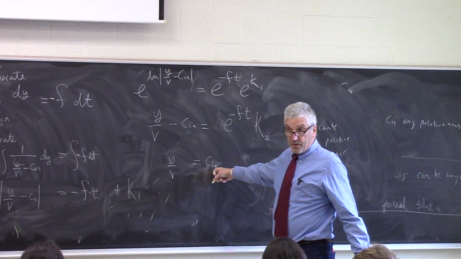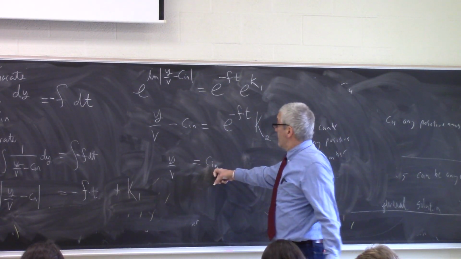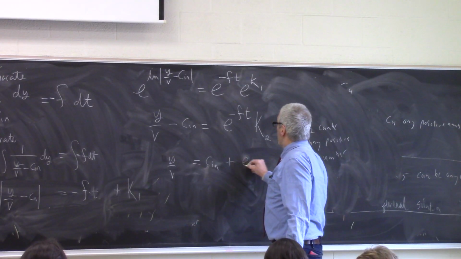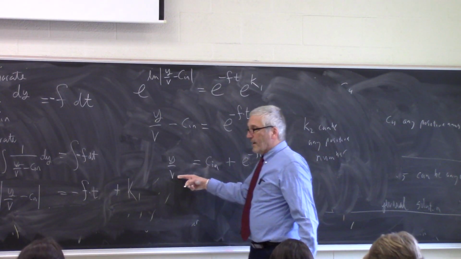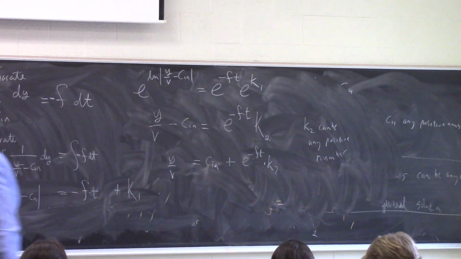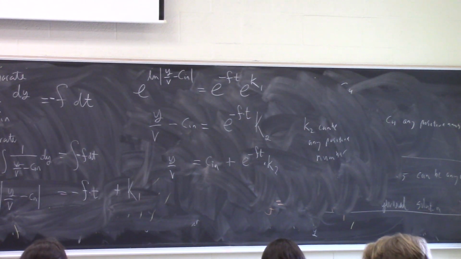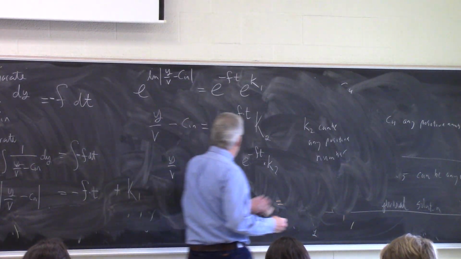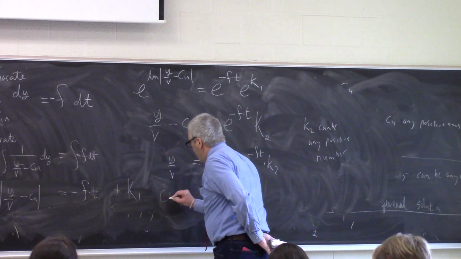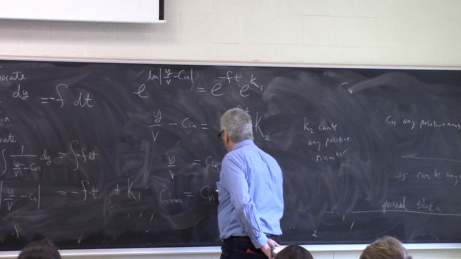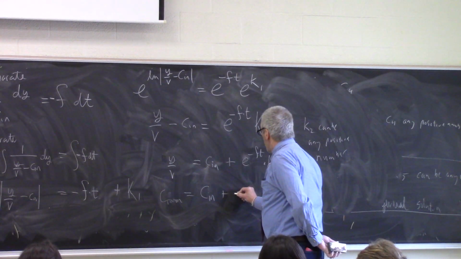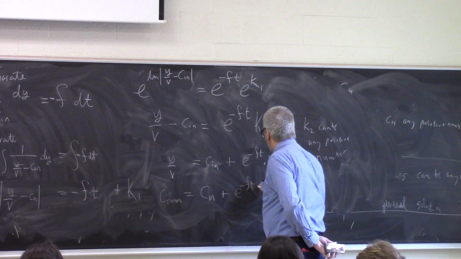That's the concentration of CO2 in the incoming air. And then plus e to the minus ft times K2. But realize that Y over V is the concentration of CO2 in the room. So we're kind of done here. So in other words, the concentration of CO2 in the room is going to be Cn for the incoming air plus this thing, e to the minus ft times K2.